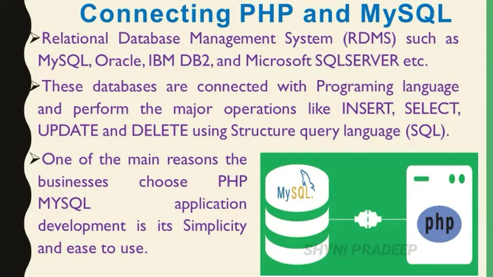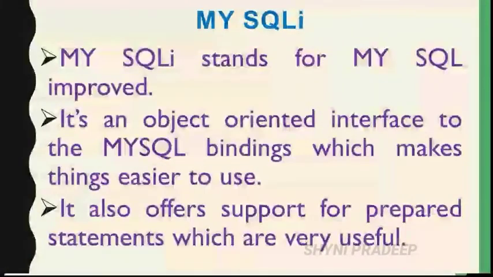What is MySQLi? It stands for MySQL Improved. It is the object-oriented interface to the MySQL bindings which makes things easier to use. It also offers support for prepared statements which are very useful.